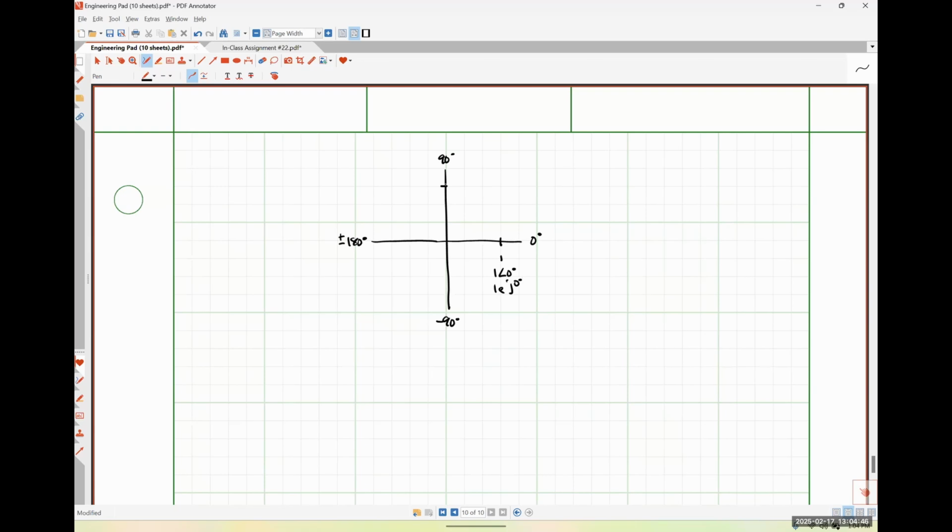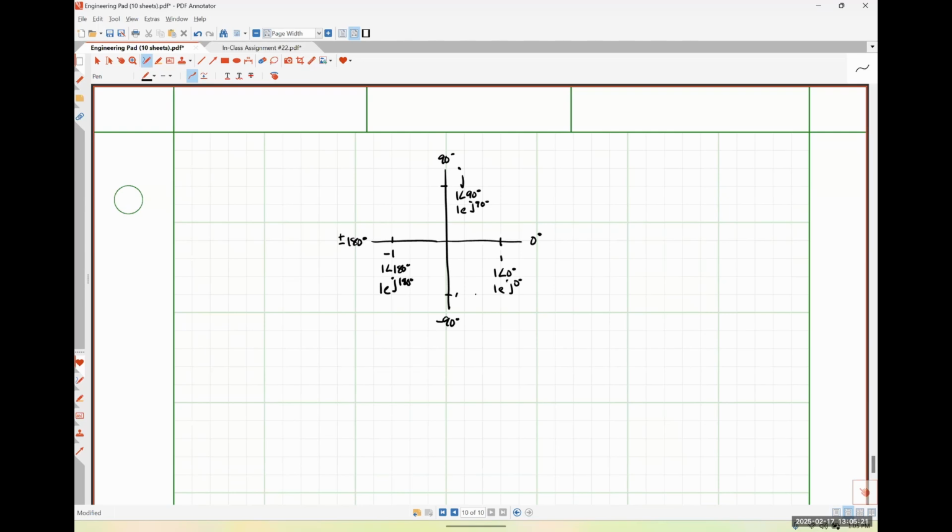If we go up 1 unit in the imaginary direction, think of this as two number lines that are perpendicular to each other, this would be j, or 1 angle positive 90, or 1 e to the j 90 degrees. If I go out one unit in the negative real direction, this is what we would commonly call -1, or 1 angle plus or minus 180 degrees, or 1 e to the j 180 degrees.